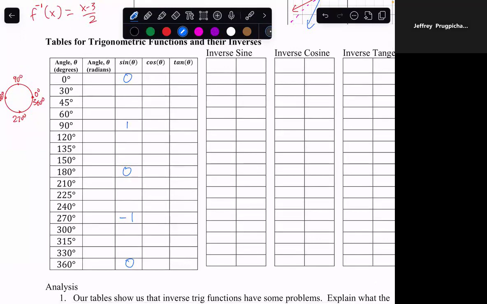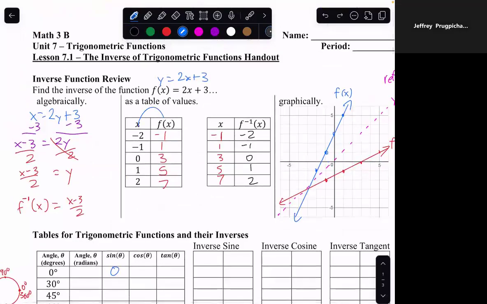Okay, so the inverse function of sine is very creatively named inverse sine. Okay, so just like with the inverse above, to get the table, you just switch x and y, right? The old y becomes the new x, and the old x becomes the new y.